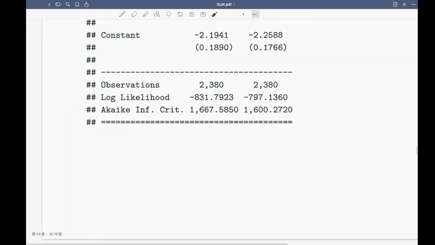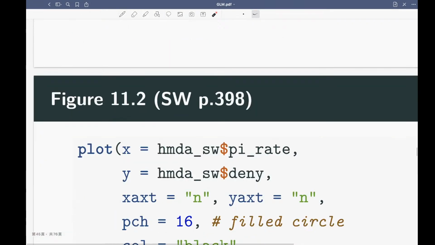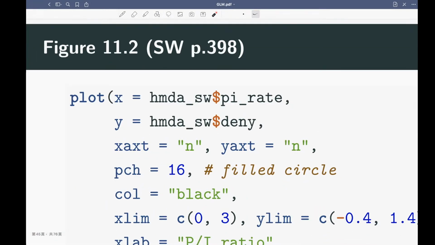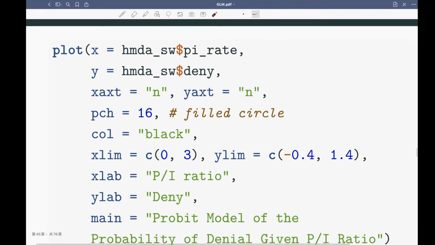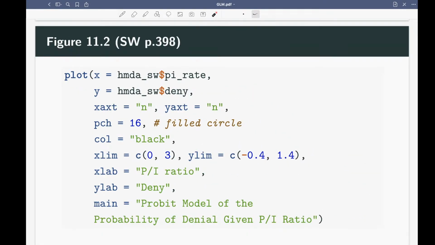Okay, and now we also want to have the figure to do the scatter plot to see the pattern of x and y in the regression model. Okay, so at first we should define that x is the PI ratio and y is deny.